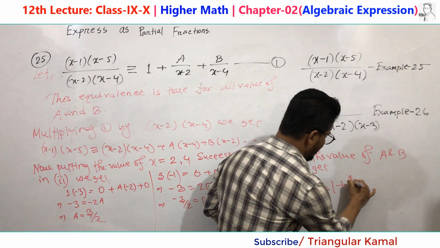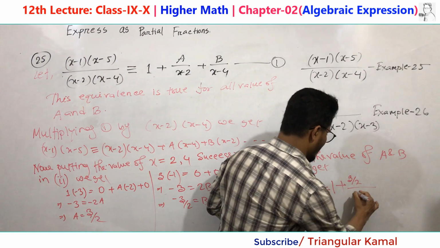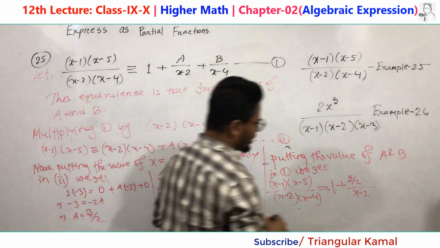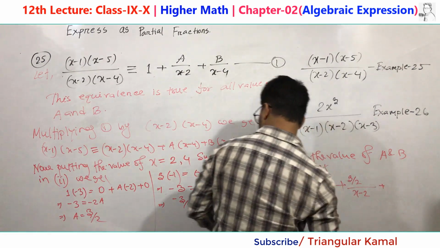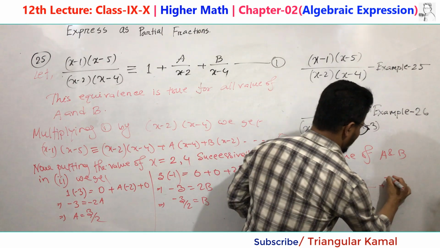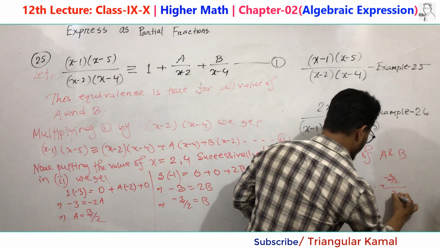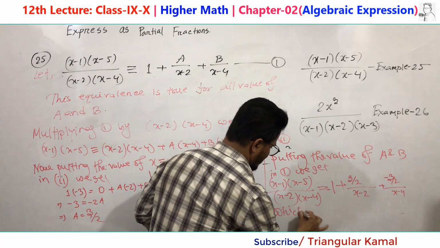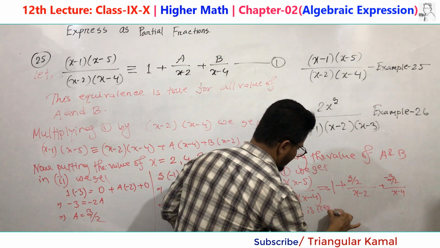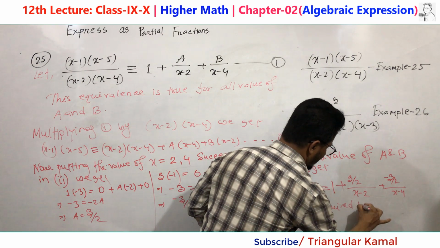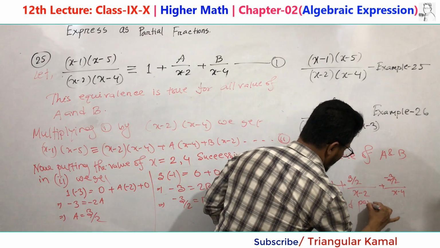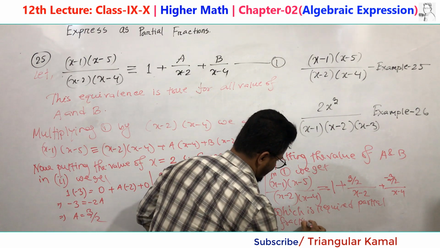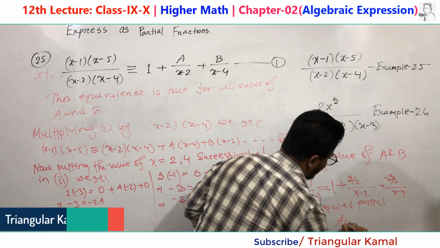So this one will be 3 divided by 2 by x minus 2. And then B equal to minus 3 by 2 divided by x minus 4, which is the required partial fraction, and this is our answer.